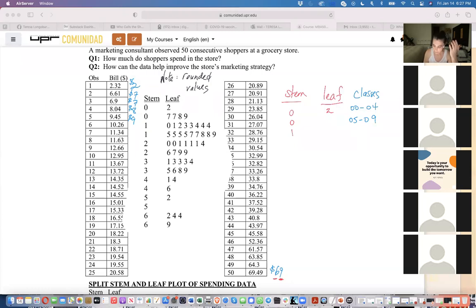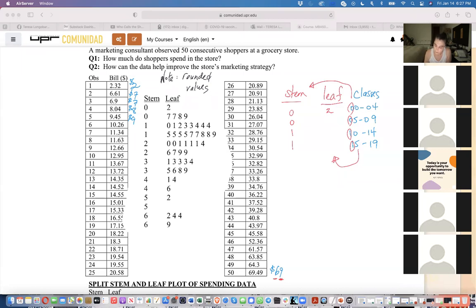It will go from 10 till 14, and then the next one 15 to 19. So notice I take the first digit and make it the stem. The second digit is the leaf.